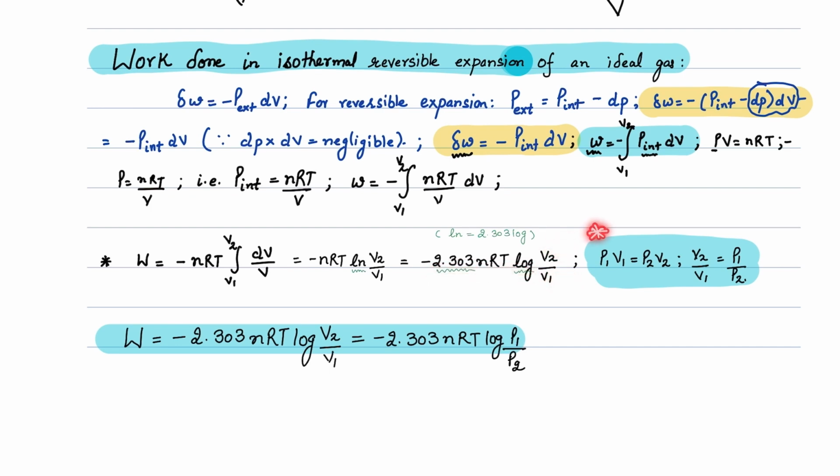Now, going back to states of matter, we have Boyle's law, which says that P1 V1 is equal to P2 V2. So I can rewrite V2 by V1 as P1 by P2.